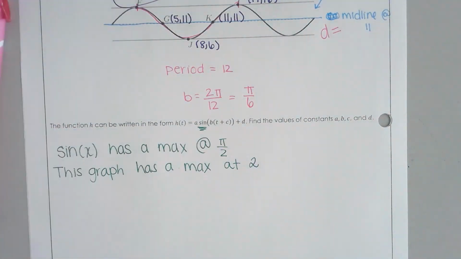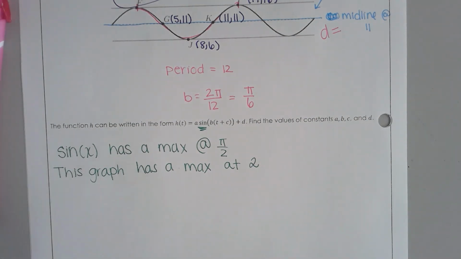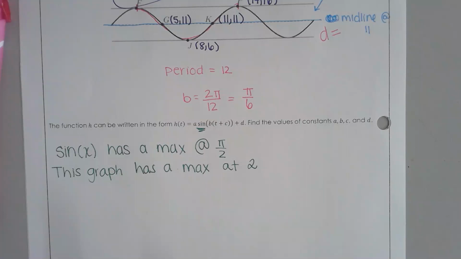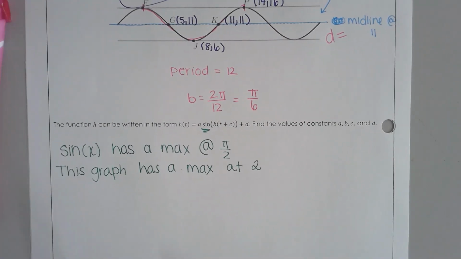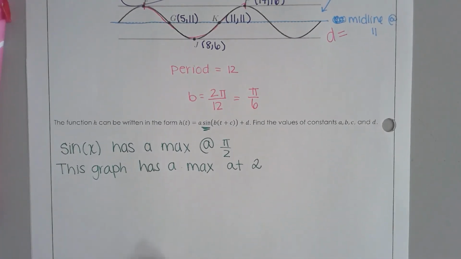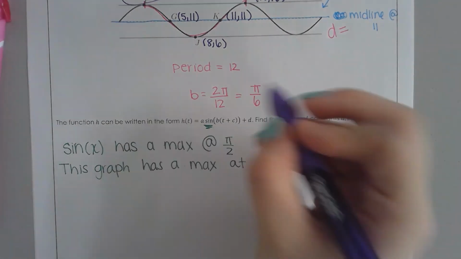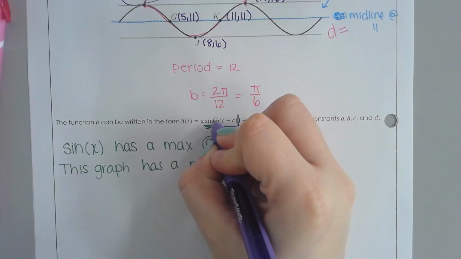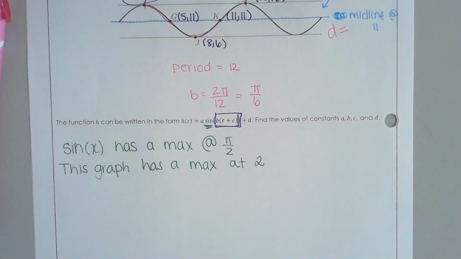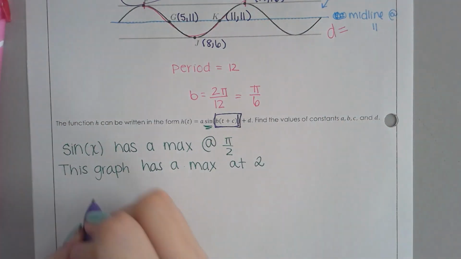That is one of the max. I'm going to see what it takes to get from the pi over 2 max to this max. And that's going to just tell me what it's shifted. The way we do that is we set this right here equal to pi over 2.